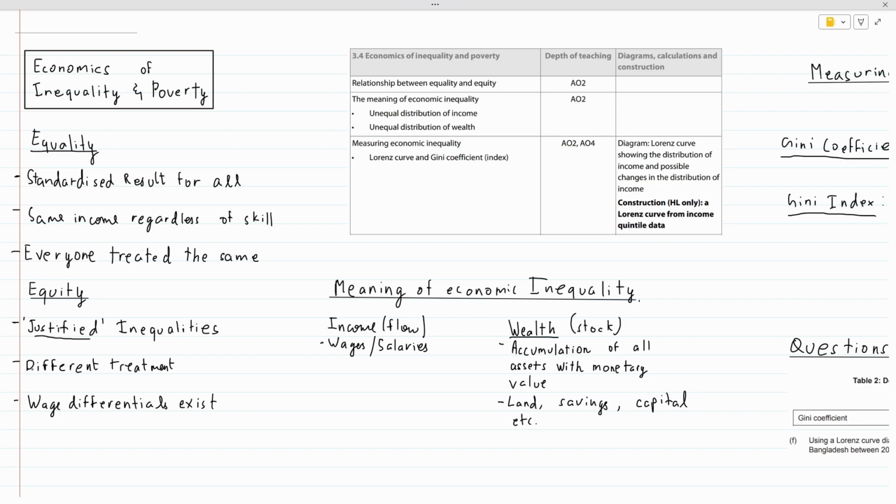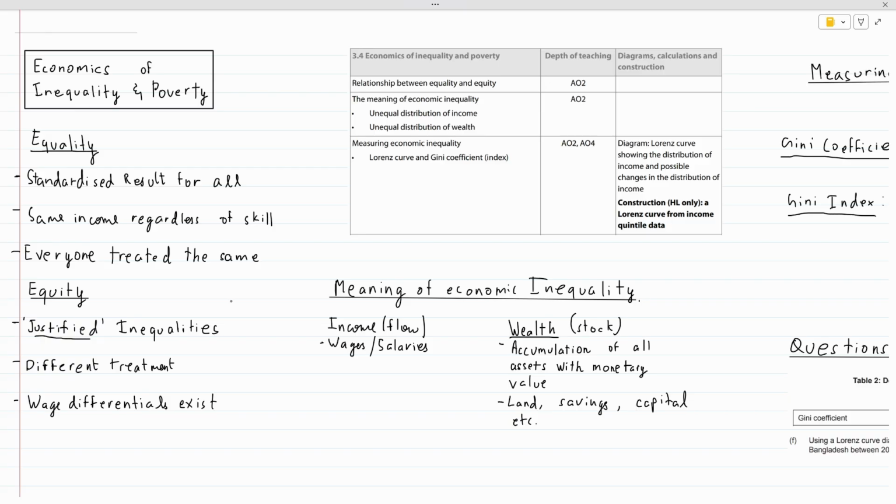Now, this works the other way as well, where different portions of society are treated differently. So, for example, for people living in poverty, there might be some cash transfer programs implemented which incentivize them to send their children to school without having to bear the full cost of that. Now, this might be only available to people earning below a certain benchmark.